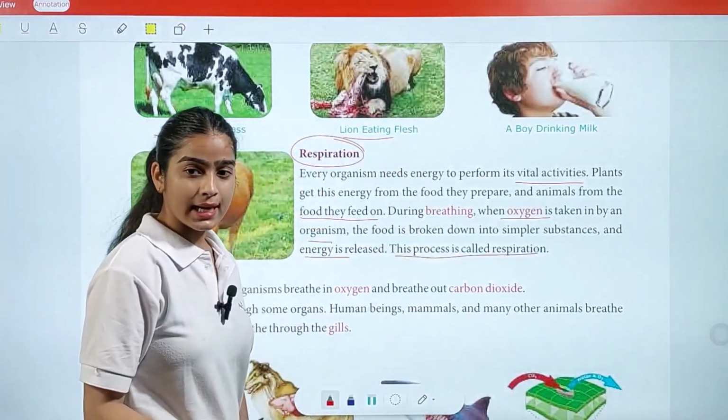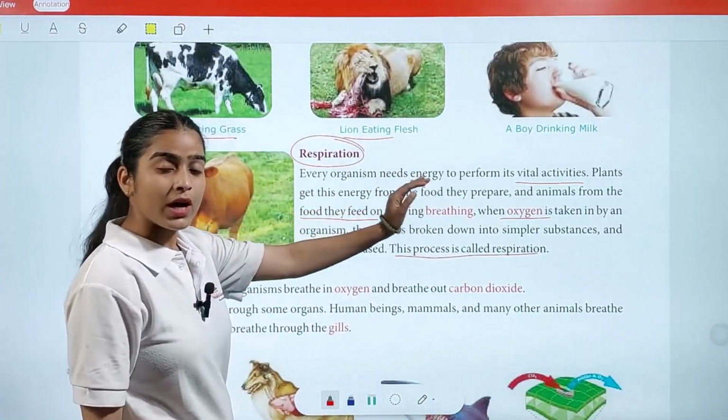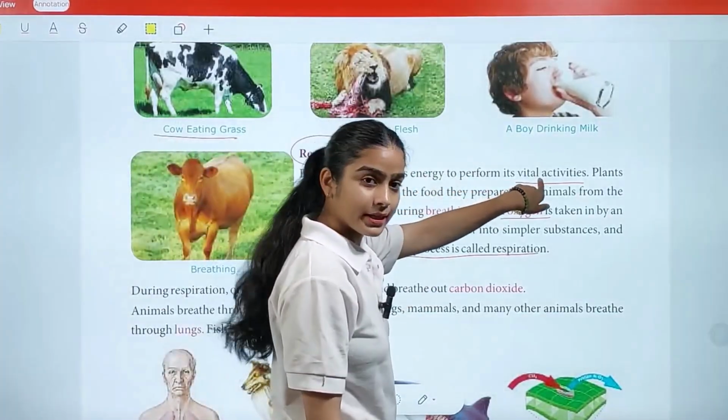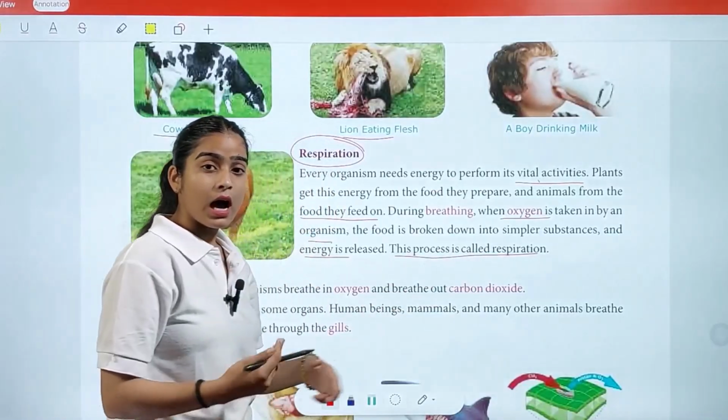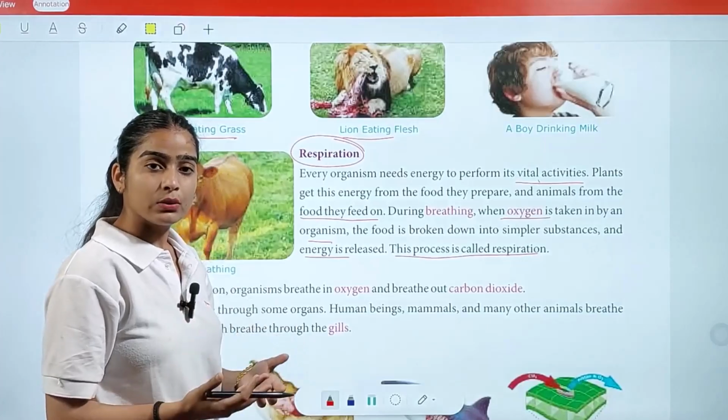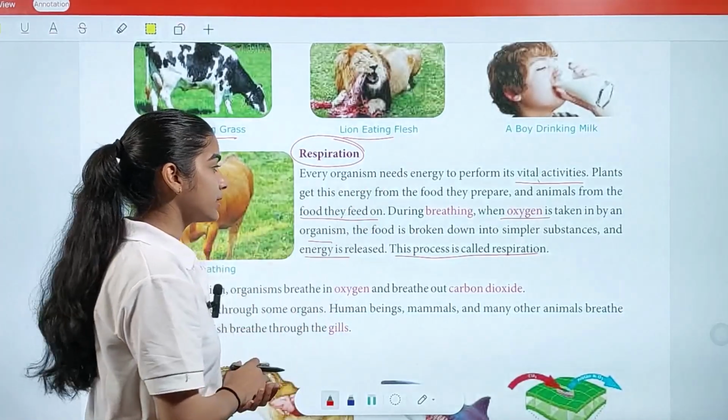So what we understand here is, we eat food. Why do we eat food? To get energy. We need energy to do our vital activities. Now we discuss how the plants and how the animals get their energy.